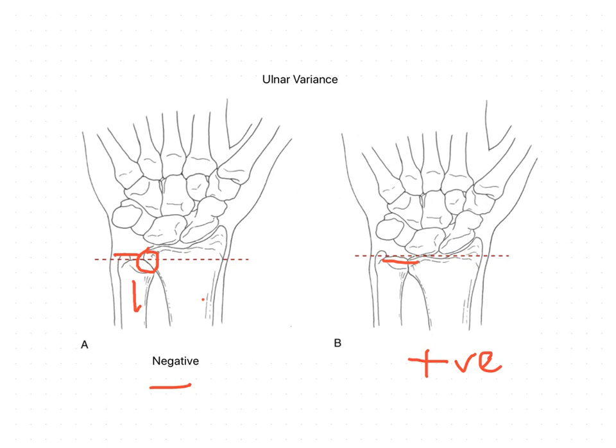So this ulnar positive variance has been associated with changes in the triangular fibrocartilage. So here this is the place of the triangular fibrocartilage complex thickness. What happens is that when an axial load is applied to the wrist, the scaphoid and the lunate receive approximately 80% of the load, whereas the triangular fibrocartilaginous complex receives only 20%.